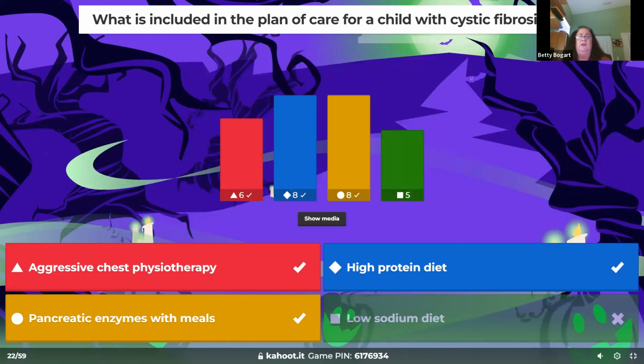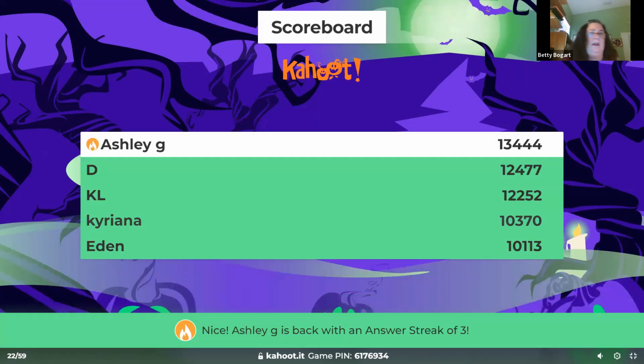And they do lose vitamins with this. So taking care of the lungs, aggressive physical therapy, pancreatic enzymes immediately before they eat, and also a high protein diet because they're losing other sorts of nutrients. And again, they need sodium, so they will be getting a proper amount of sodium in their diet. It's not low.